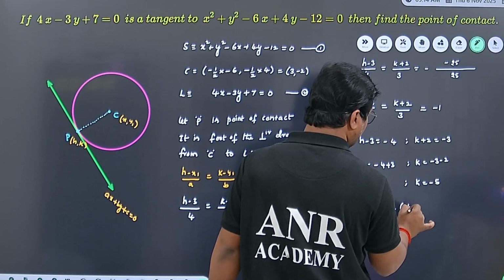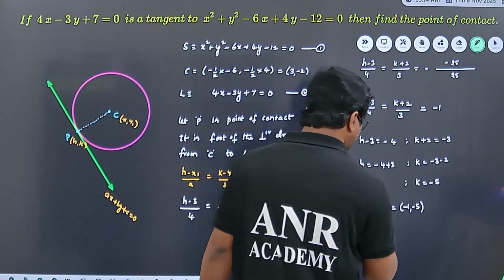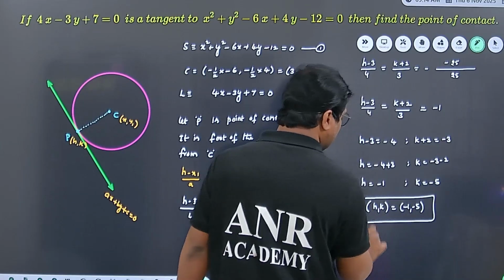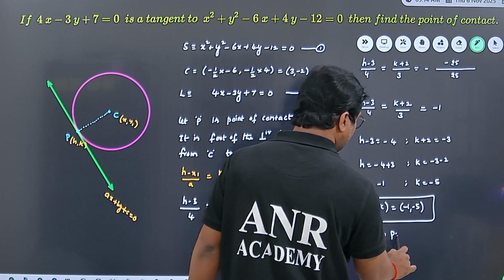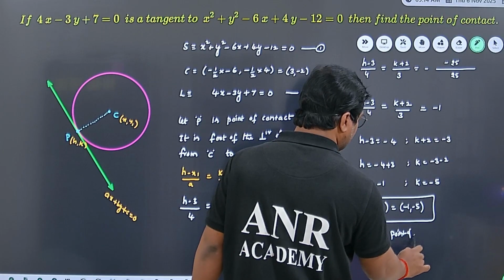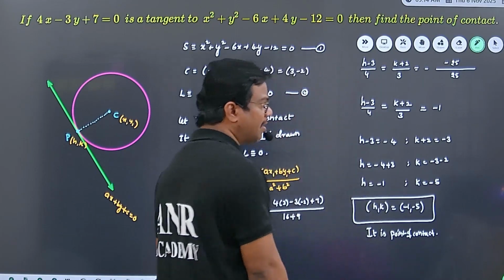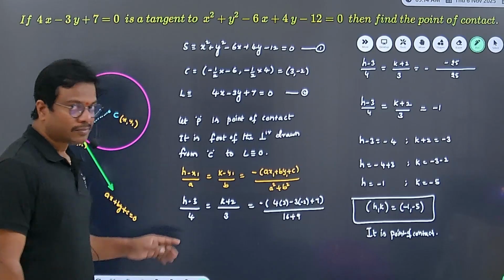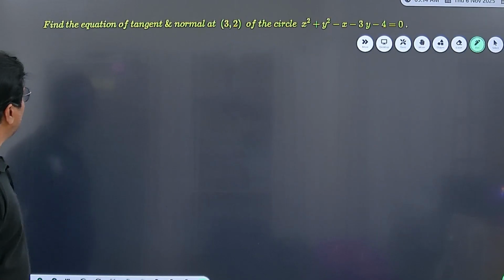H comma k minus 1 comma minus 5. This is required point of contact. That's all. So to find the point of contact, here we need to use foot of the perpendicular theorem, remember. Move to the next question.